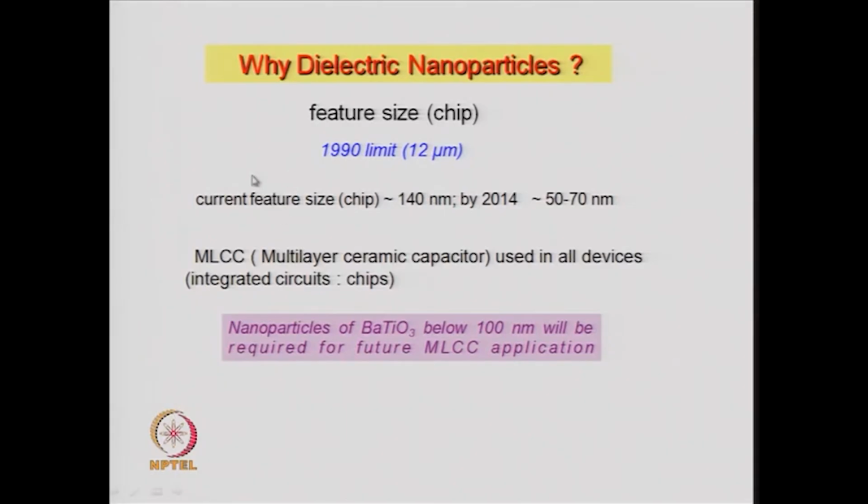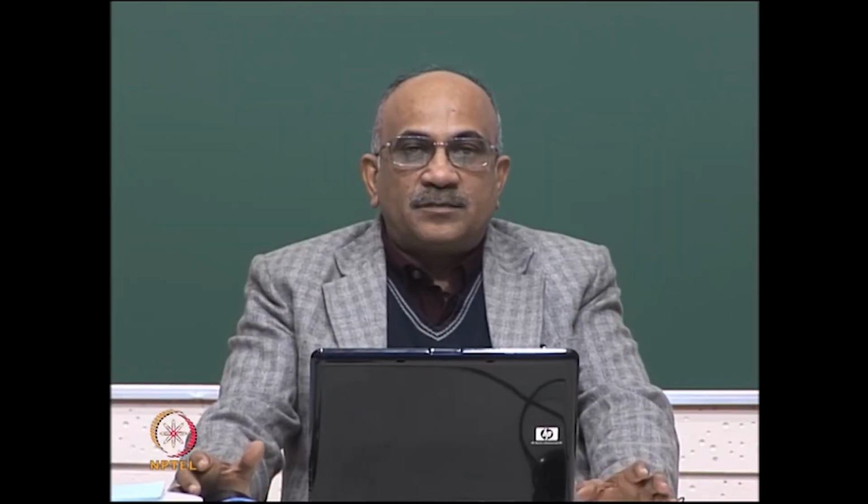The decrease in size of the chip has the advantage that you can put many chips in the same area. So, the total number of chips will add on to the memory of the device or whatever property it is being applied for, and hence you want as many IC chips as possible in a packaged system in electronic devices.